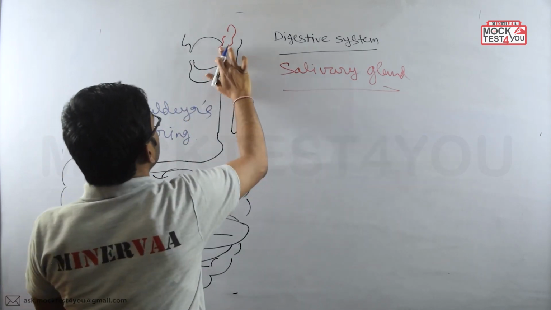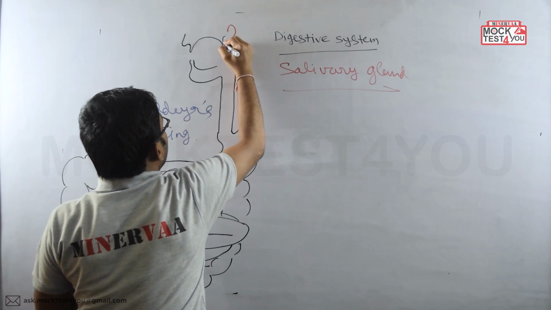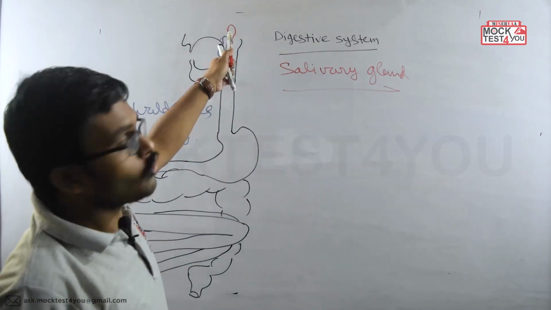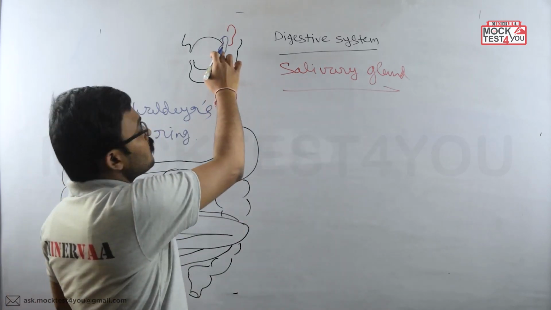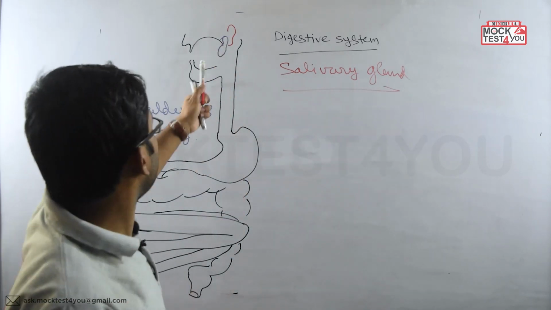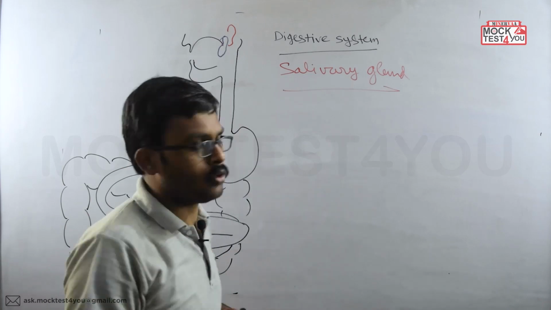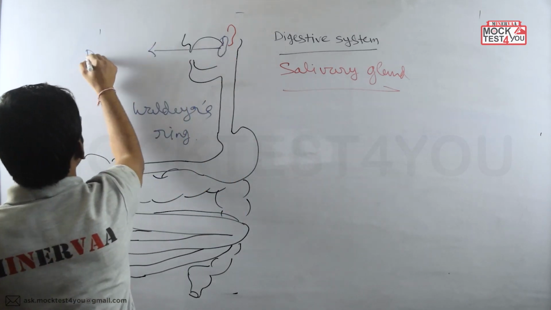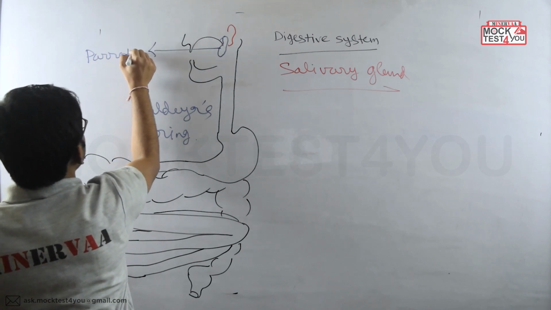This parotid gland extends from the location of the ear. And remember, it looks like a parrot. That's why the name has been given the parotid gland.